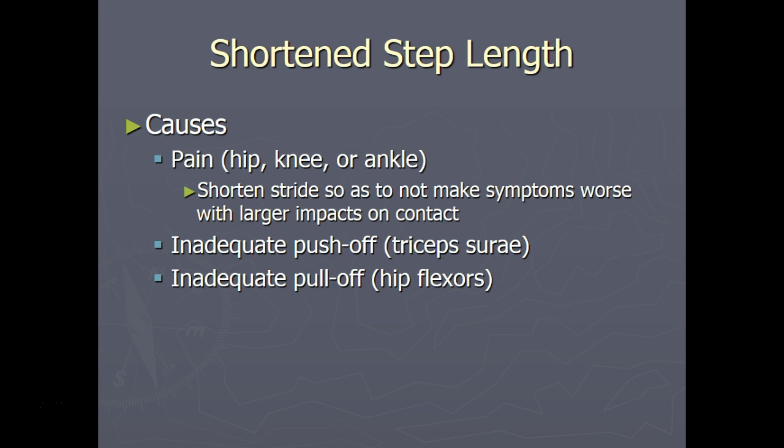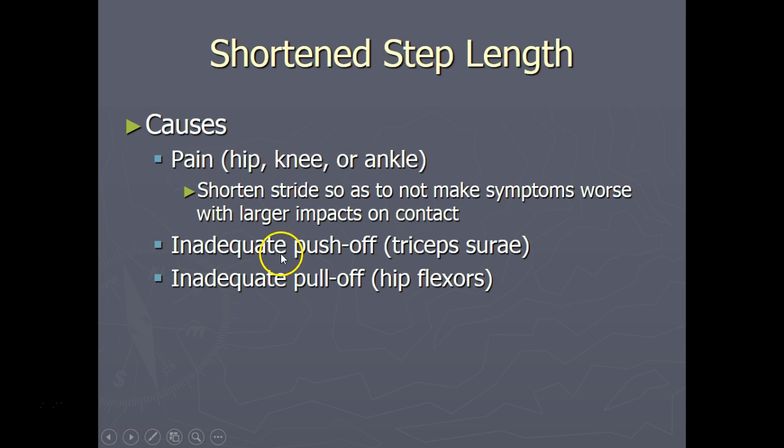In other words, you have a hip injury or a knee injury or an ankle injury, and stepping too far causes so much pain. So you decide to shorten your step length, and that kind of changes your gait. So that's one way, right? You shorten your stride so that you decrease your symptoms. You're not making it worse. The other thing is when you shorten your stride, the impact isn't as great. And so it's one way to reduce pain in patients who have hip, knee, and or ankle issues.